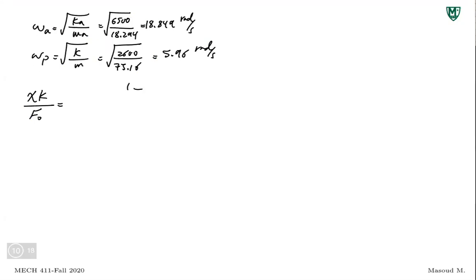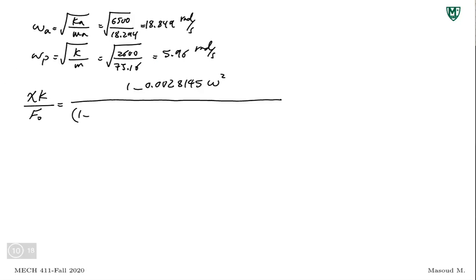1 minus 0.0028145 omega squared. Remember, omega, we don't have it. Omega is the range that we're plotting this function.